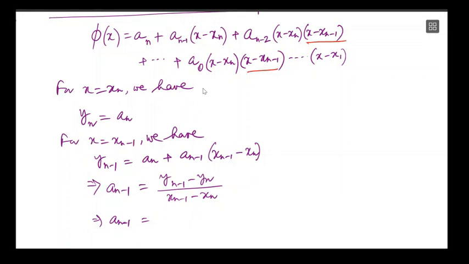The thing on the top is known as the backward difference of yn. It is read as nabla yn equals yn minus yn minus 1, and xn minus xn minus 1 is h.